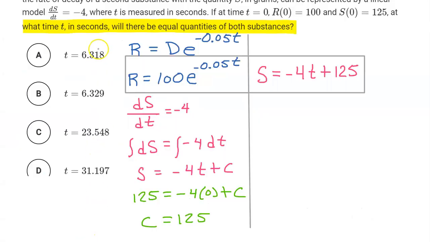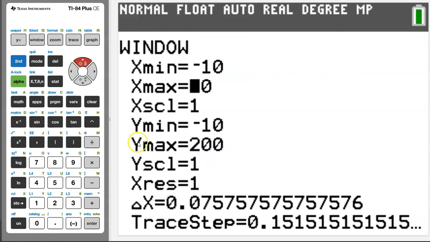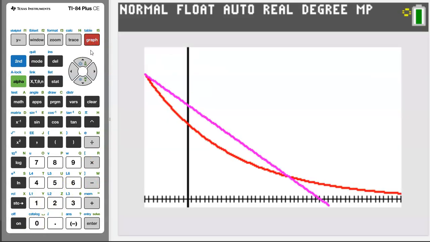So I'm looking at my answer choices, and I see that the biggest answer choice is here at 30. So I don't need to go far past my biggest choice. So I think I'll let x max be, let's say, 50. All right, let's hit graph and see what we've got. Okay, this is pretty good.